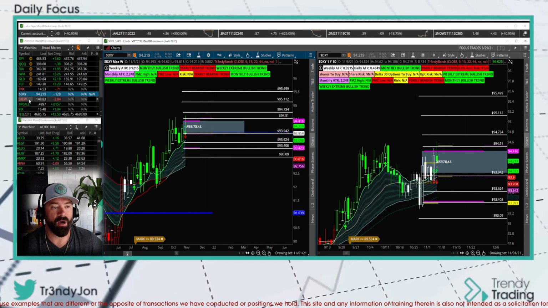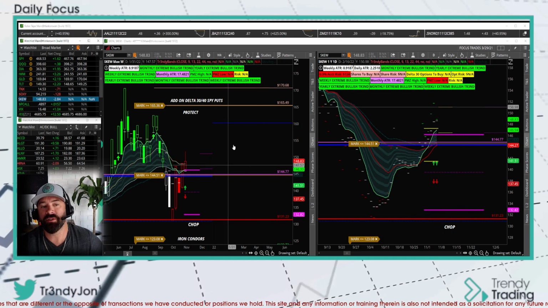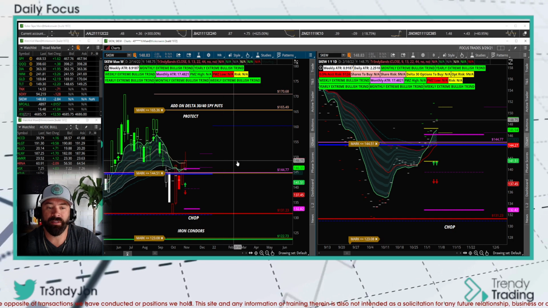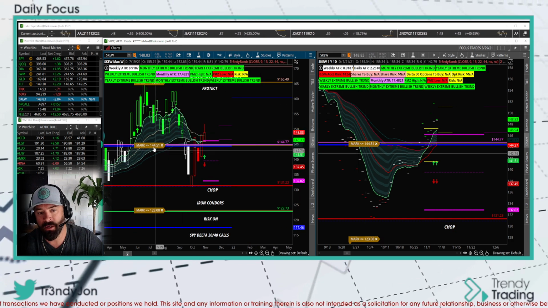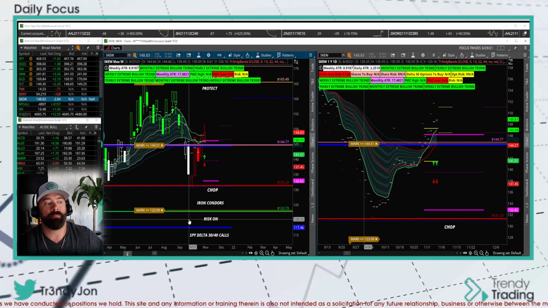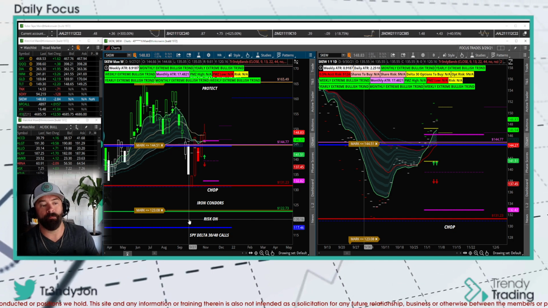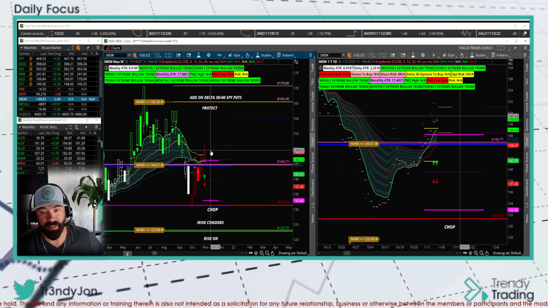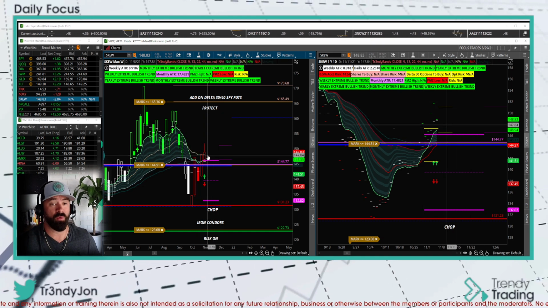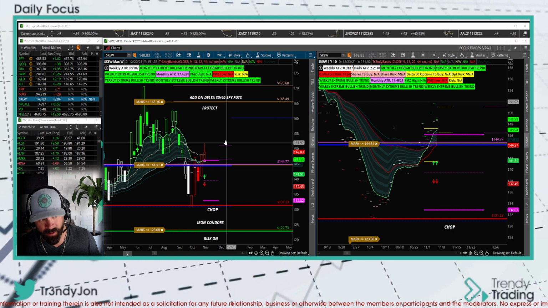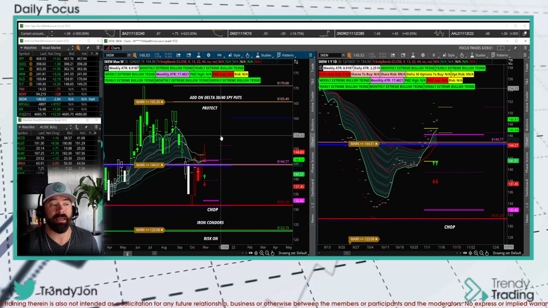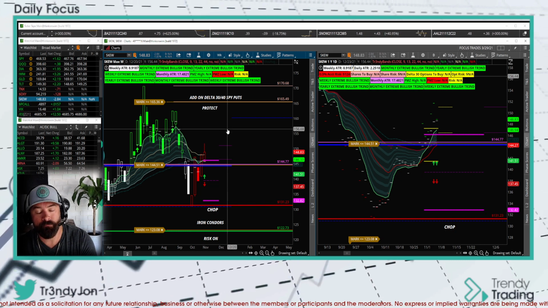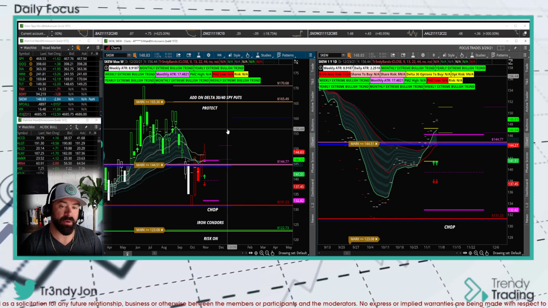Right now, DXY, overall sentiment, neutral. That's it. All right, so the SKEW. Just pay attention to the left side here on the weekly. Again, these are the hedge funds. Basically, the further we get down on the SKEW, the more that I want to put risk on, meaning I'm going to go bigger in my positions. As we start to get higher up here towards this 147, 148, where we are right now, I want to be lower in allocation, or as I said early in the session, I want to be taking profits more quickly than I typically would.